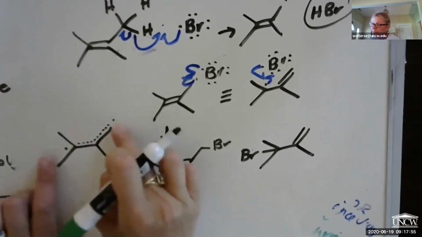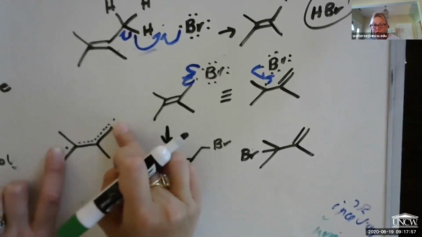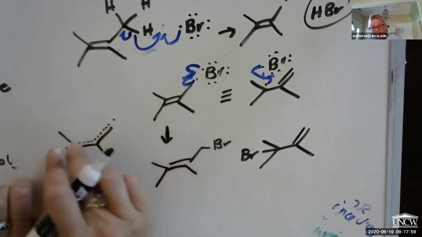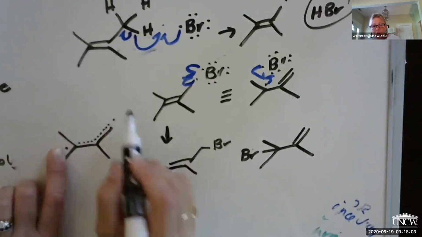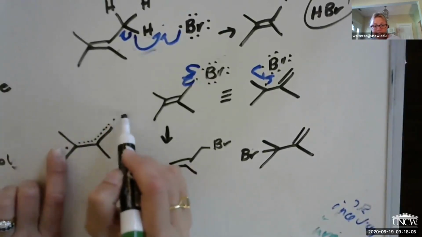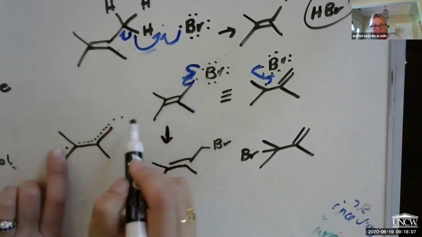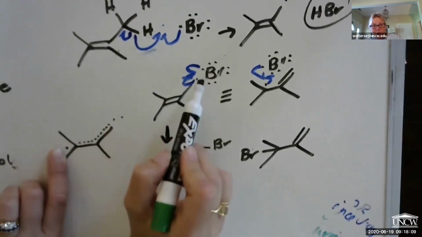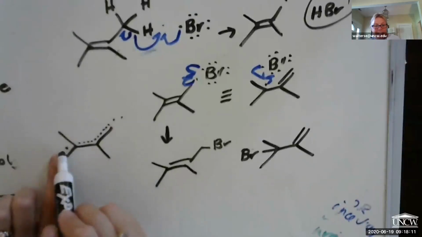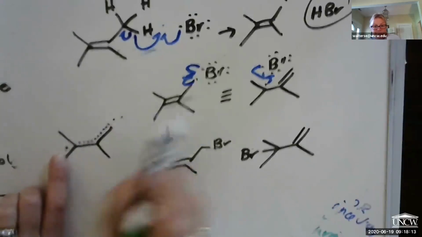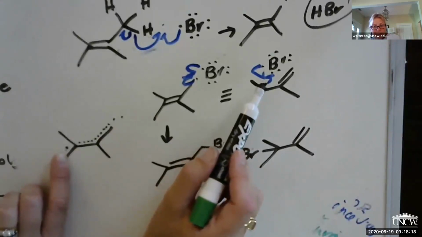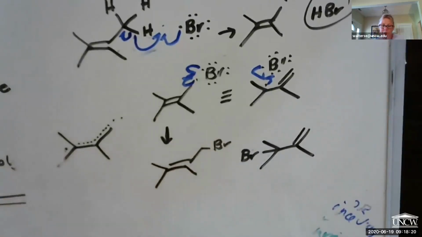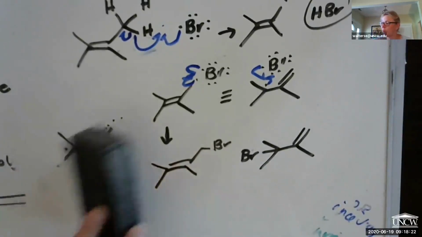The radical is going to be shared between 2 carbons, and the pi bonds across these 3 carbons. So there's negative electron density here, which can form a homolytic bond with the bromine, and there's negative electron density here, which can form a homolytic bond to the bromine. So both products are possible.